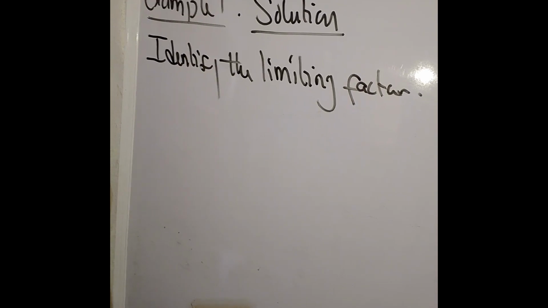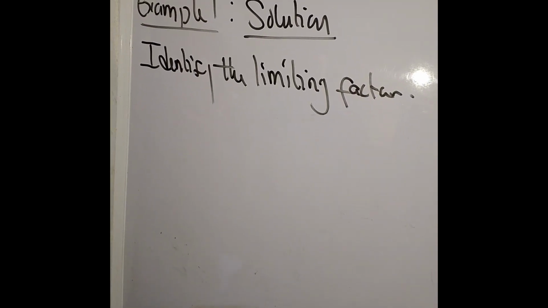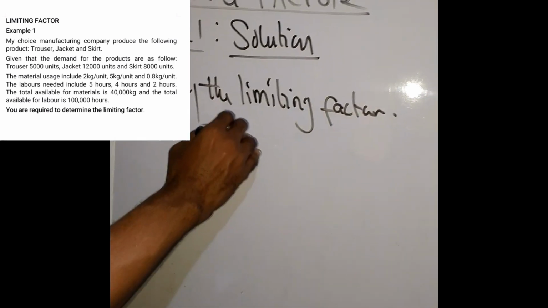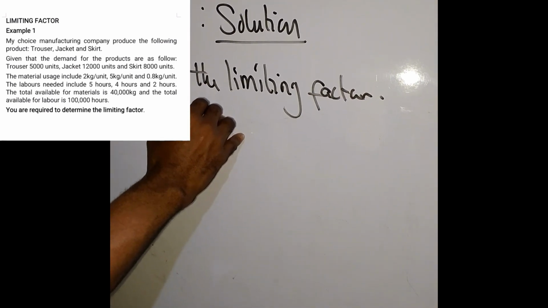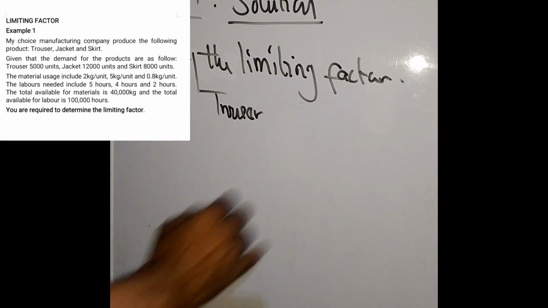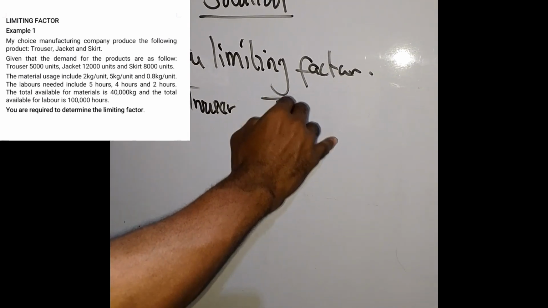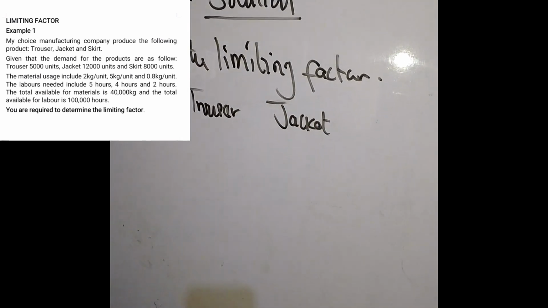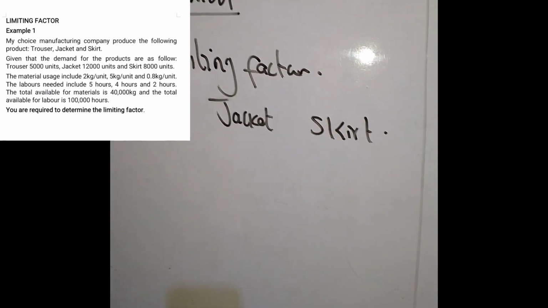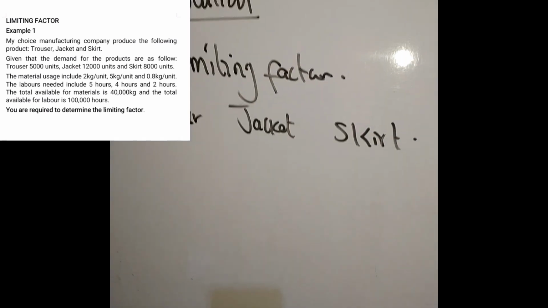Comparing the budgeted and the available resources. So now we are going to bring down the products that they produce. They produce trouser, jackets, and skirts. So these are the 3 products.